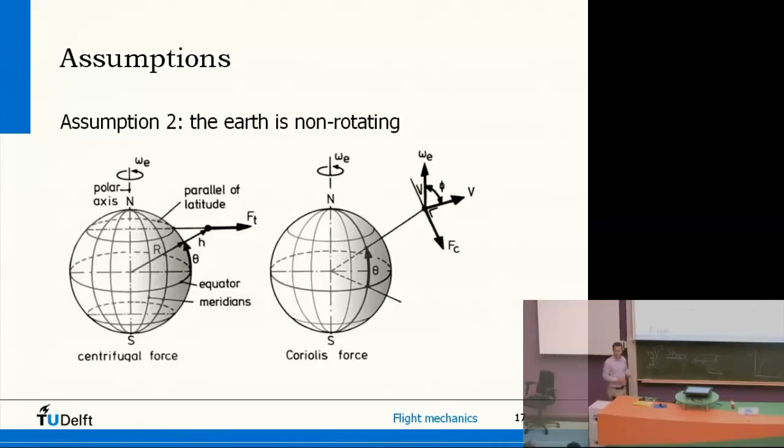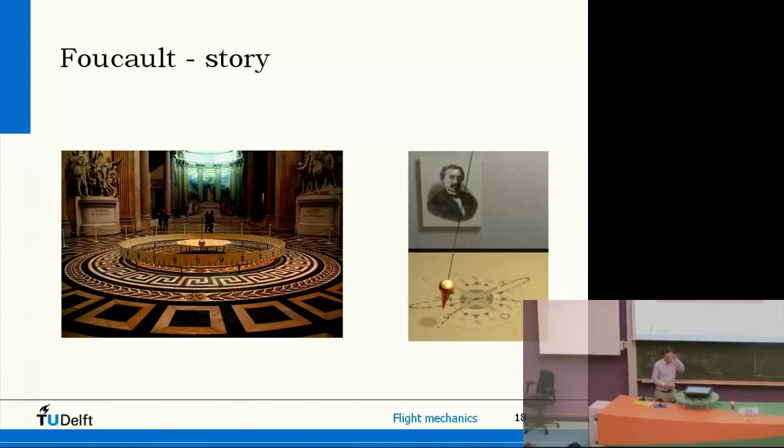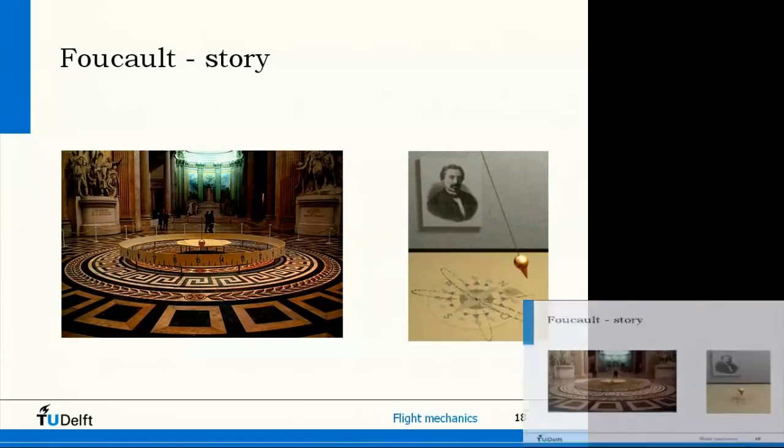So that is a relevant thing, and it's actually something you can measure. I have an example here. If you ever go to Paris, there's this museum, and they have a really big pendulum. The pendulum is located over here, so it's a big ball, and the cable is very long, so it doesn't fit in the picture.